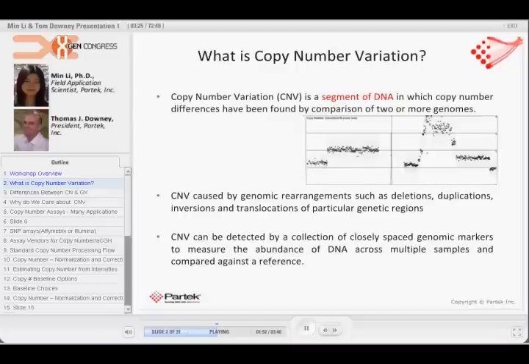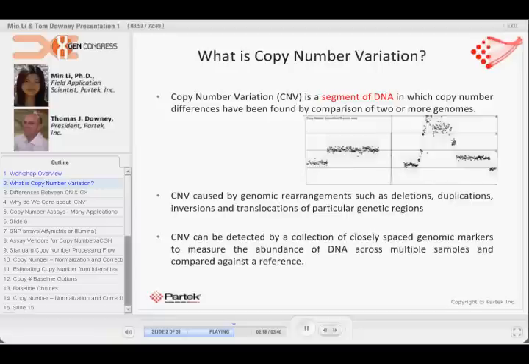And then you use these closely spaced genomic markers. You measure the abundance of DNA across multiple samples, and then you compare against a reference. And this reference can be your own, for example, you do a paired analysis. You compare the tumor sample against the normal sample to find the copy number variation in your tumor sample.